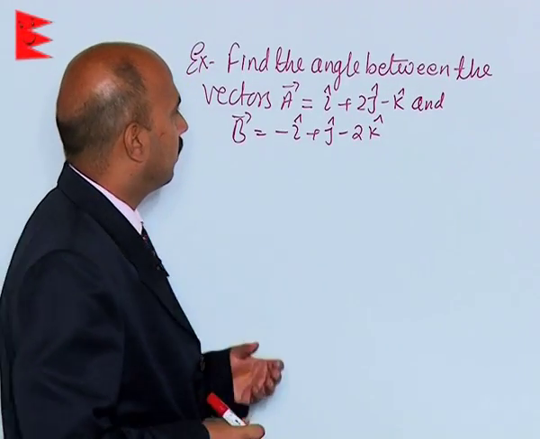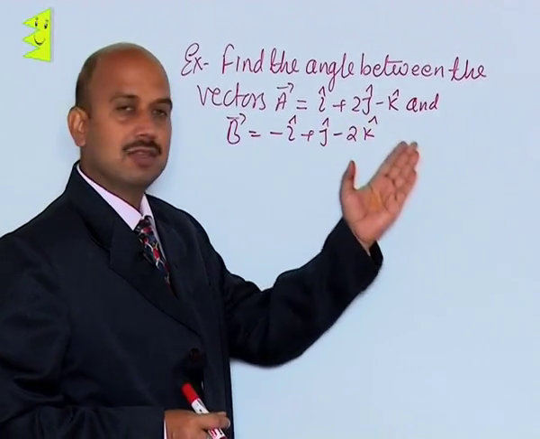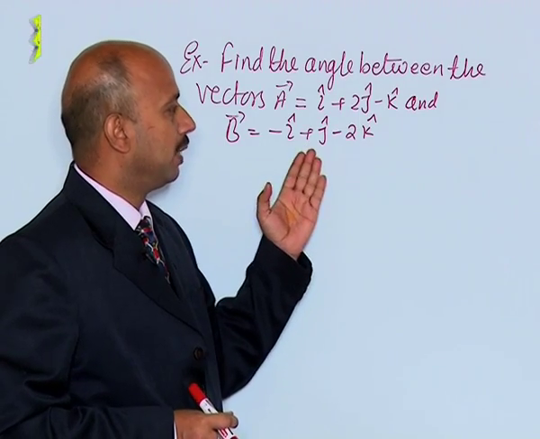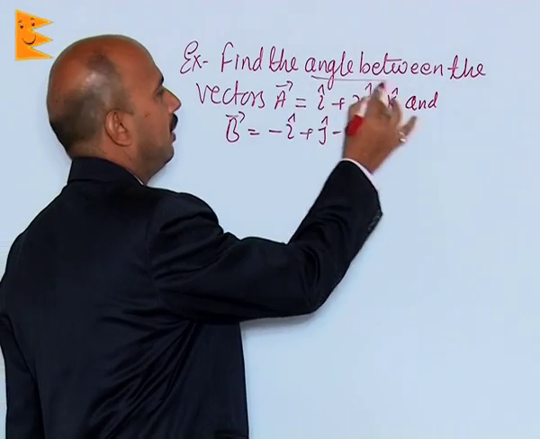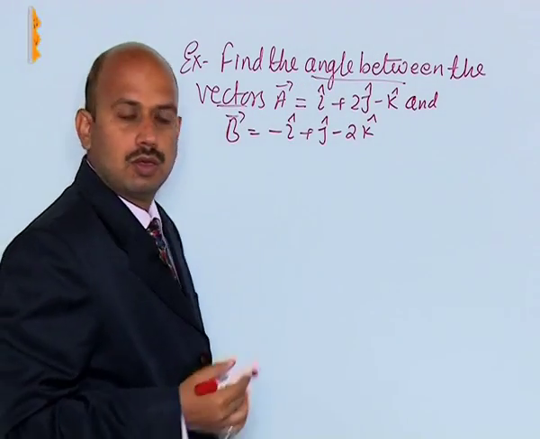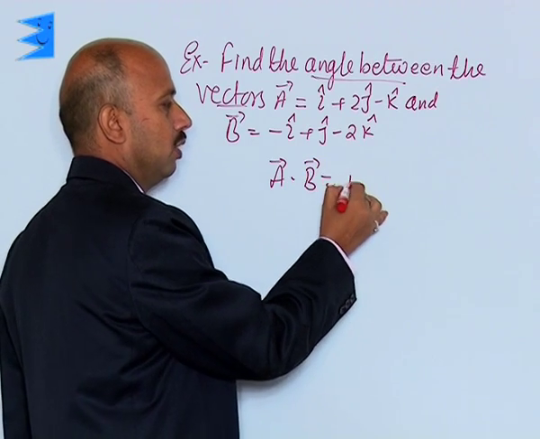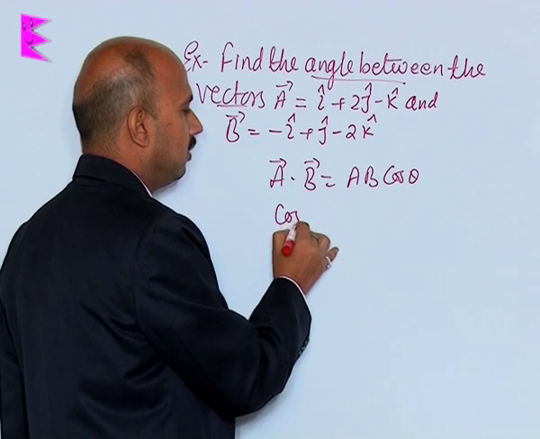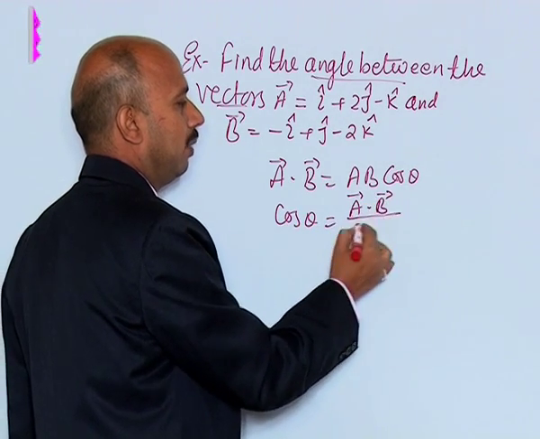Now, in this example, vector A is equal to i cap plus 2j cap minus k cap and vector B is equal to minus i cap plus j cap minus 2k cap. We have to get the angle between the two vectors. You know vector A dot vector B is equal to AB cos theta, so cos theta is equal to vector A dot vector B divided by AB.